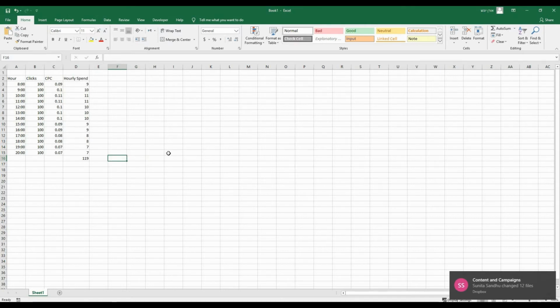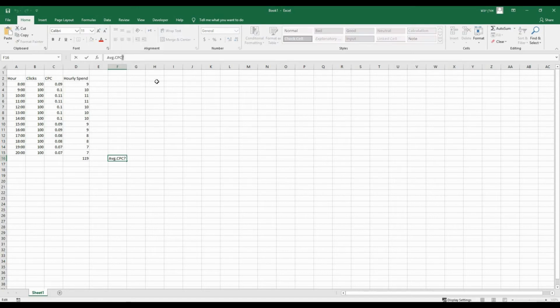I wanted you to see just the right way to calculate the average. So we ask ourselves, what's the average CPC? It's the spend divided by clicks. This is how much we spent in total, and these are the clicks. So if we divide the spend by the clicks, we get the average CPC.